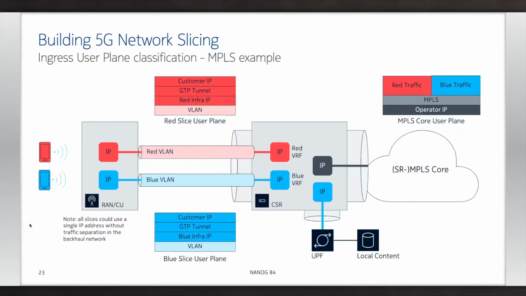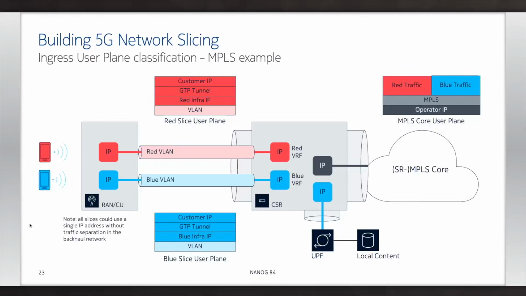The only caveat is that if we only use a single IP address in the radio, we cannot have different treatment per slice at the radio. All slices are going to be treated just like one, but we still have traffic separation in the infrastructure and different queue classes.